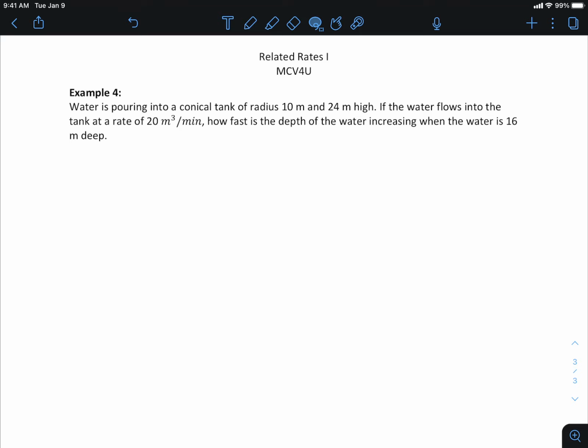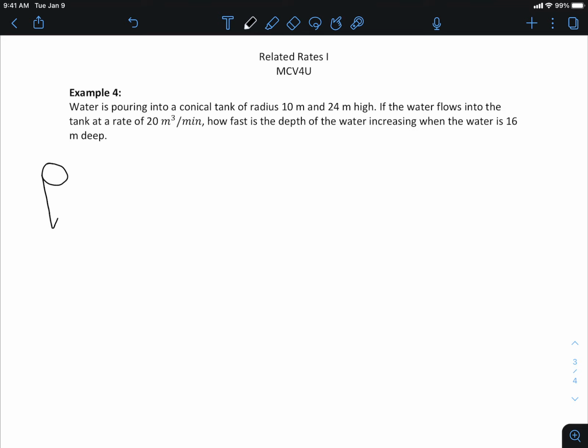The problem with the cone is you've got two things going on at once, right? As we increase the height, like as the water level rises, here, I'll draw a picture. So we're going to draw our cone. This is the problem with these questions. This is why they're a little bit more complicated.